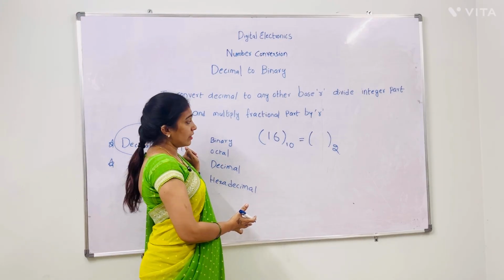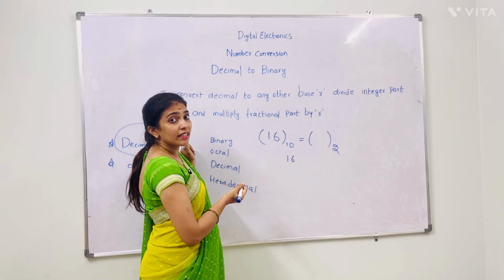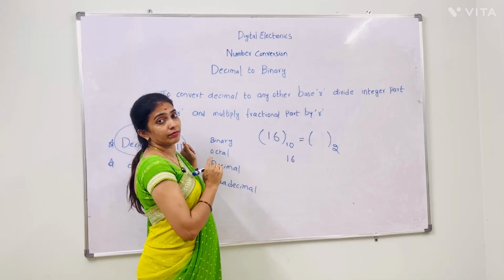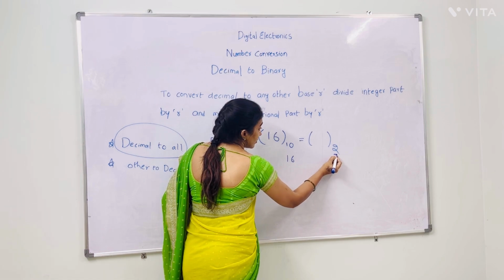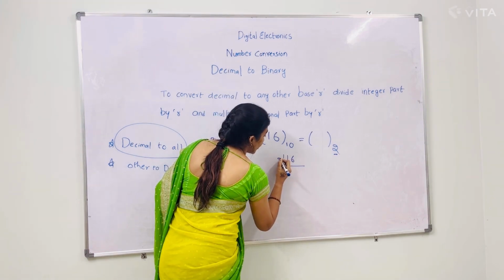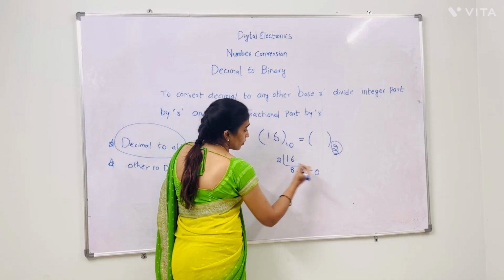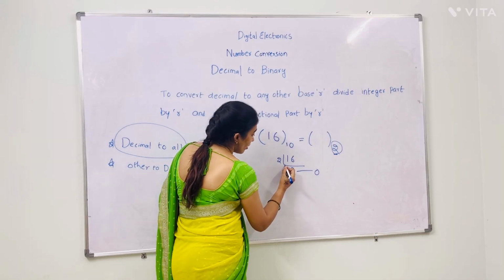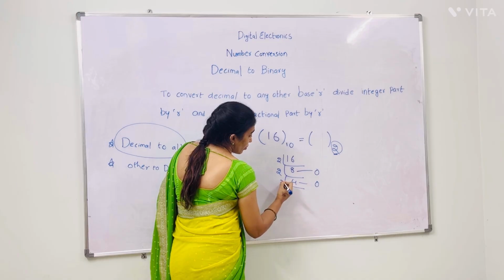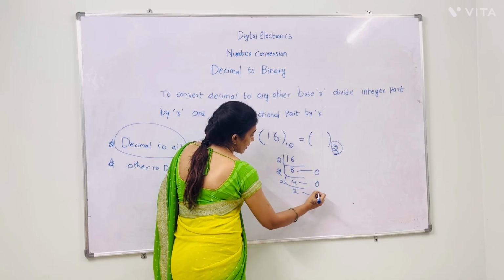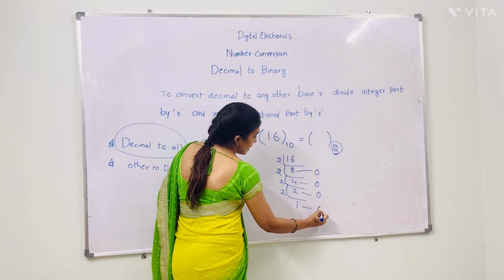So for the integer part, we divide by r. Here r is 2, so divide by 2. 2 8s are 16, remainder 0. 2 4s are 8, remainder 0. 2 2s are 4, remainder 0. 2 1s are 2, remainder 0.